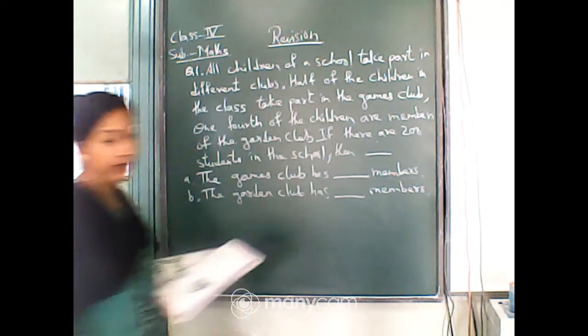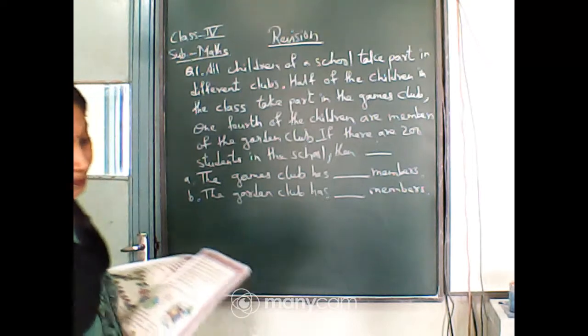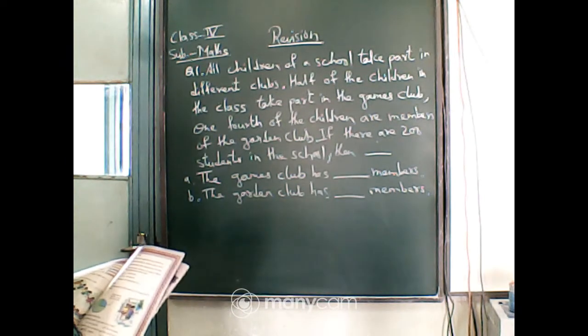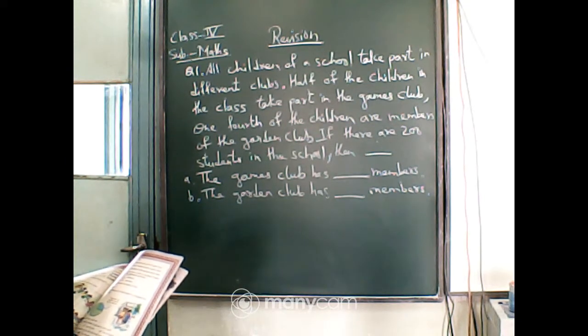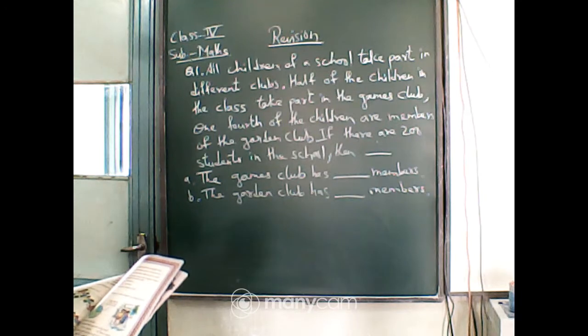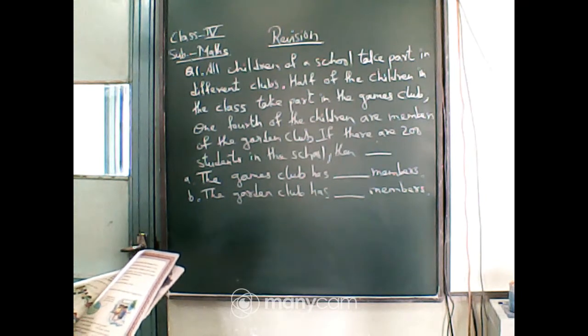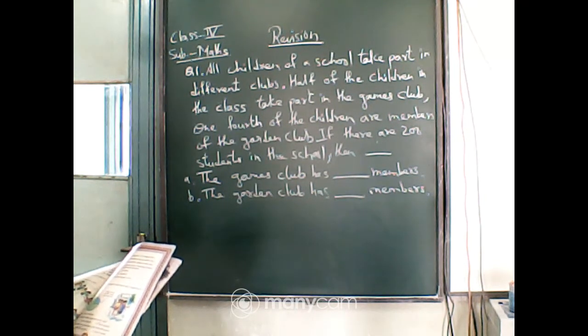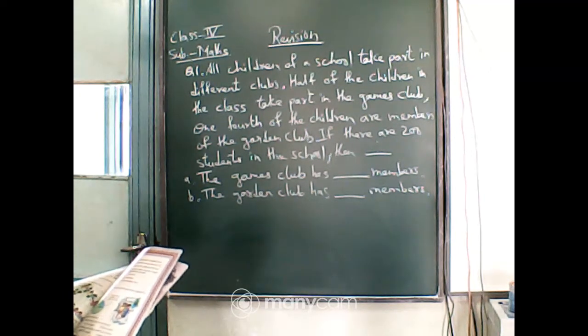See, here the data is given in the form of a statement, that all children of a school take part in different clubs, half of the children are in the games club, and one-fourth of the children are in the garden club, and the total number of students is given as 200. You have to find out how many are in the games club and how many students are in the garden club.